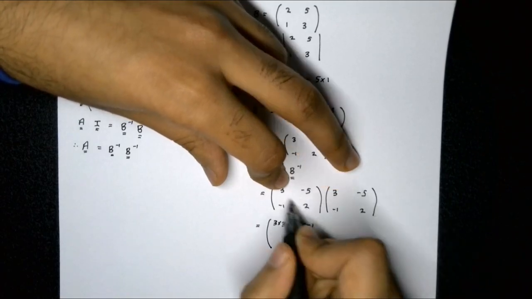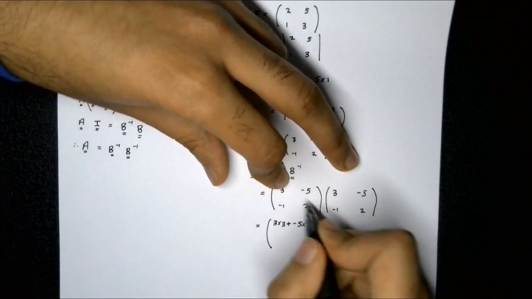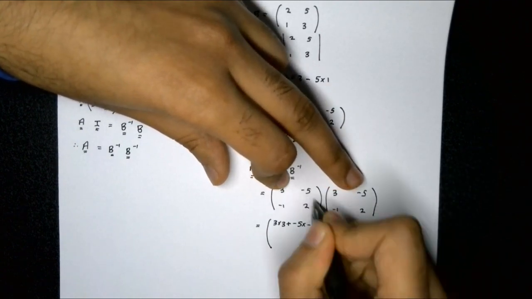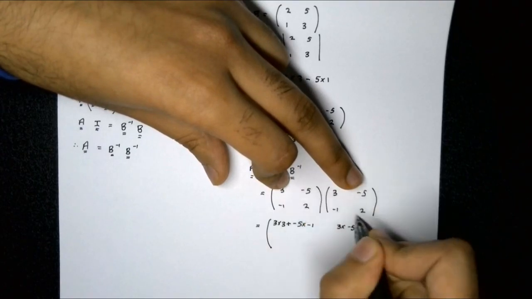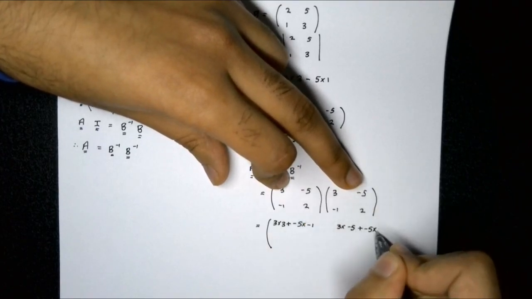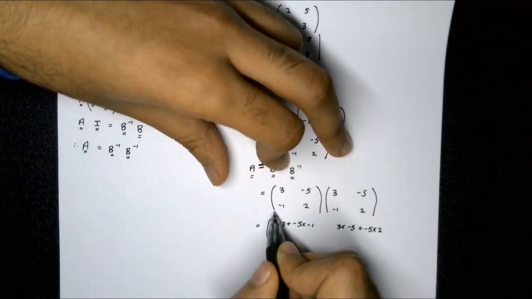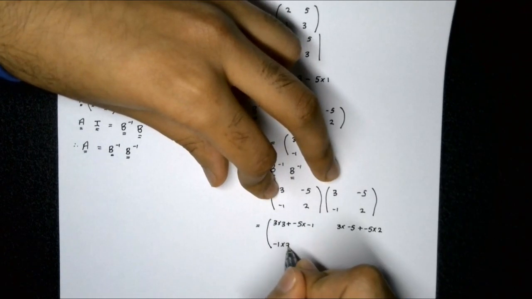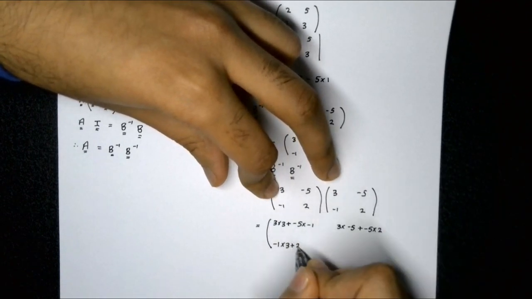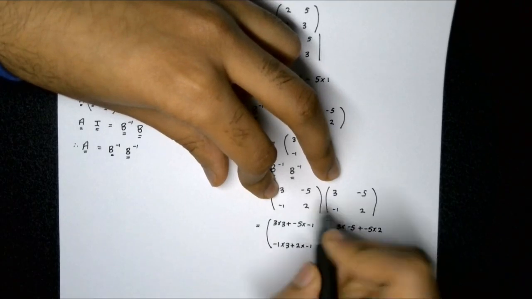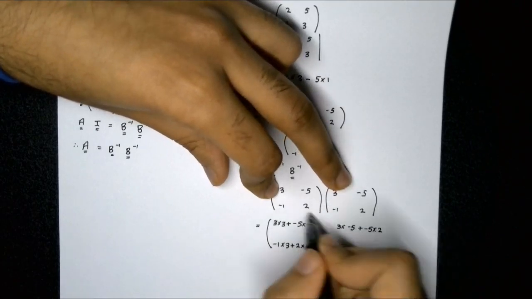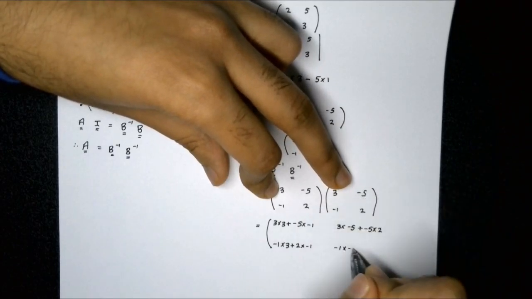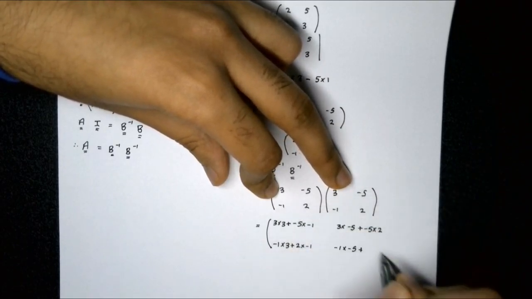For this element here, we go across, down this column, so we've got 3 times minus 5, plus minus 5 times 2. For this element here, we go across, down, so we have minus 1 times 3, plus 2 times minus 1. For this element here, we go across, then down, so we've got minus 1 times 5, plus 2 times 2.